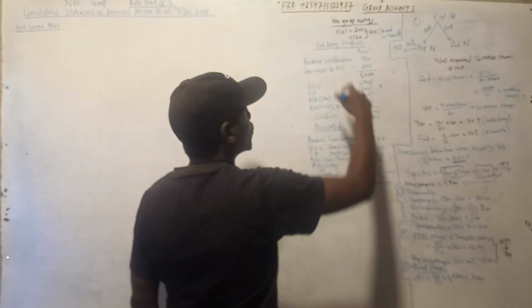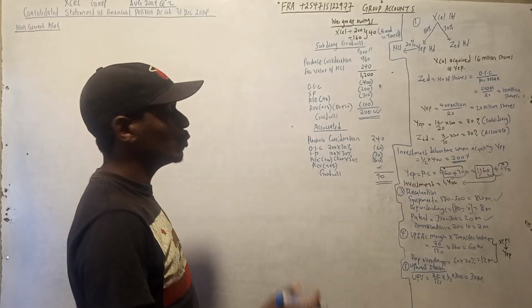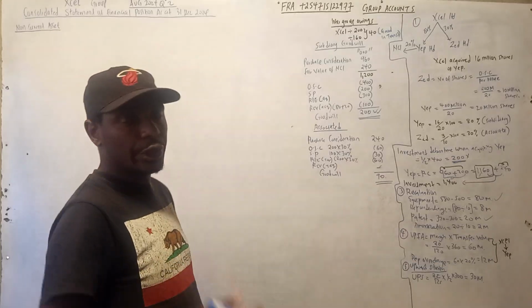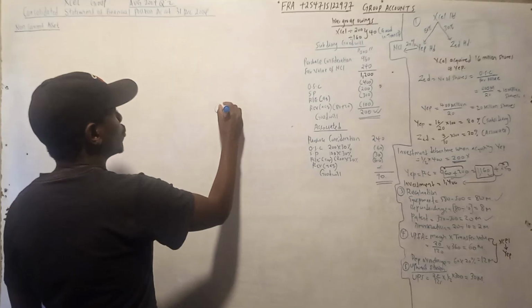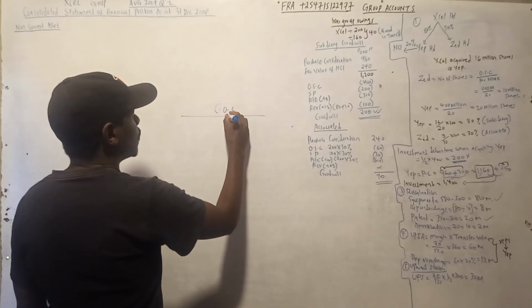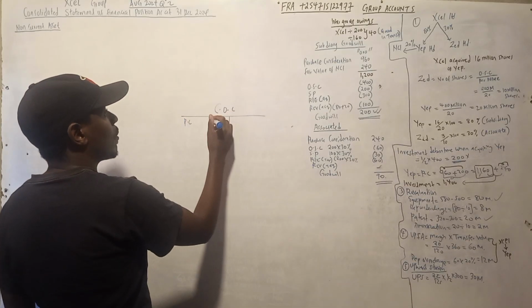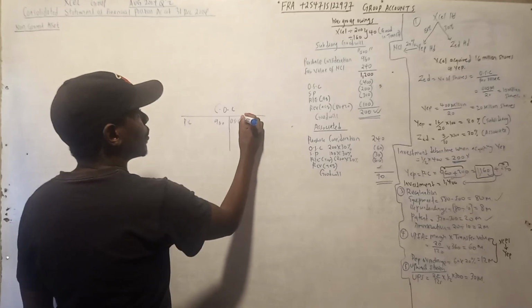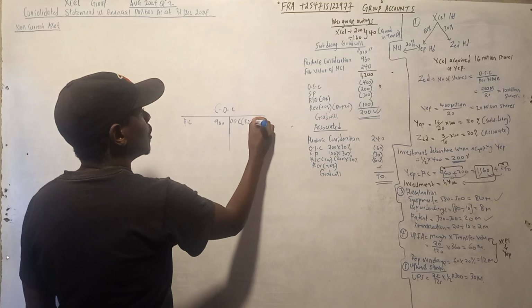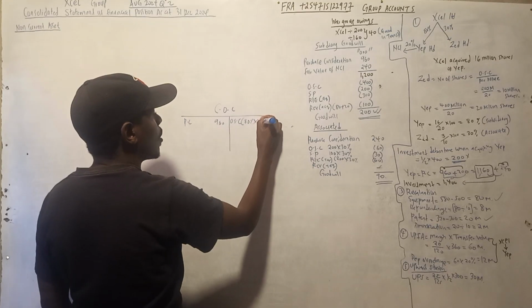Now for this one, if you want to do it together, it's okay. But when you do it separately, you need to apportion the net assets. For example, if you decide to open the cost of control account, we have the purchase consideration and 60. Then ordinary share capital: the parent is 80% times 400.